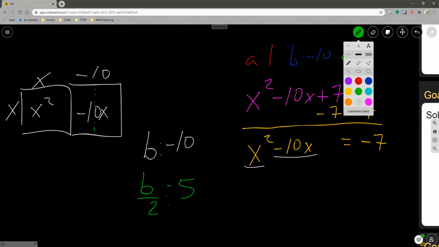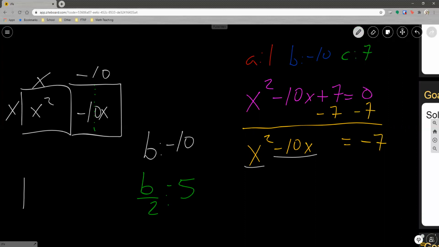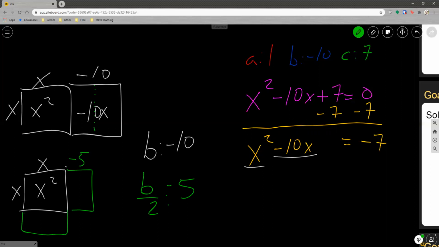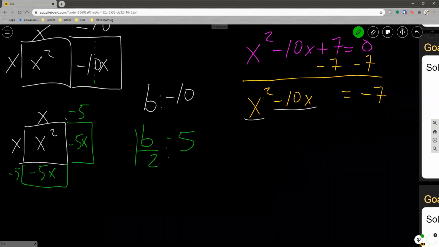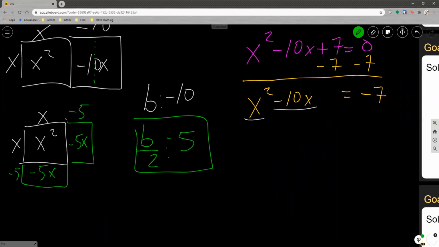So what I'm doing is splitting that b value up to create that second diagram. Still have x squared here, but I'm going to have a value of negative 5 and negative 5. I've moved half the square down, which gives me the following setup. I'm going to use this b over 2 value, negative 5.